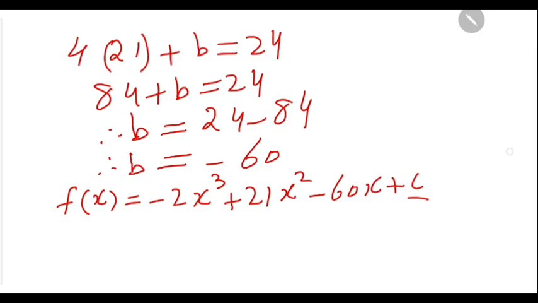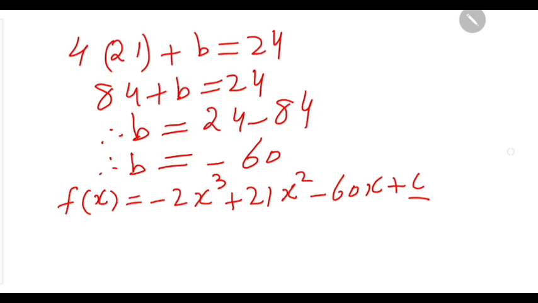You can use one of the turning points, you can use S or you can use T. Again, I'm going to use a turning point to solve for c. Must remember, we got the coordinates T and S on the cubic graph. So this is the original function of the cubic graph f of x. You can substitute one of the turning points into this equation to find the c.